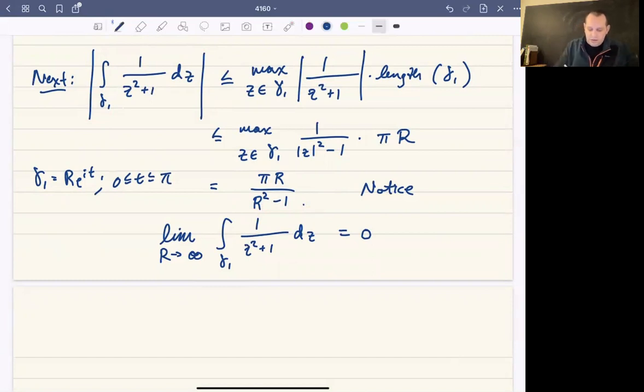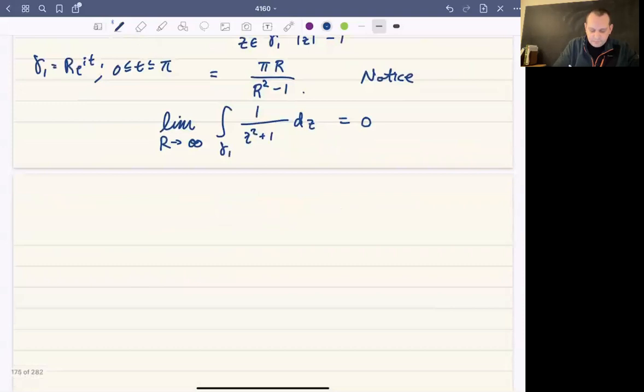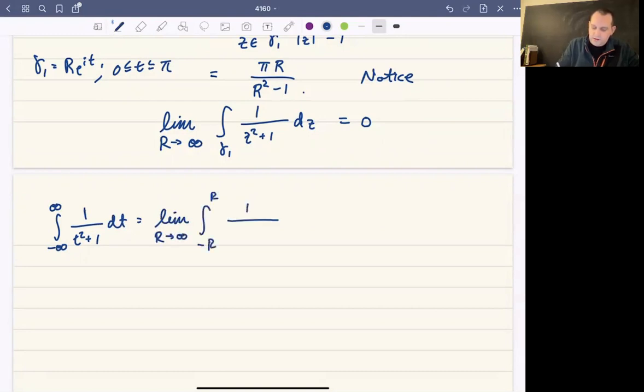Okay, so let's just put all the pieces together. The integral that we were looking for, 1 over t squared plus 1 dt, we wrote as the limit as r goes to infinity of the integral from negative r to r of the same quantity, 1 over t squared plus 1 dt. That's just the definition of an improper integral.